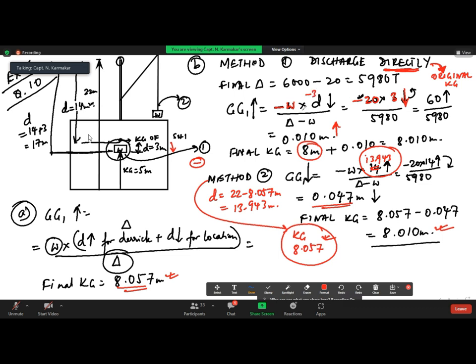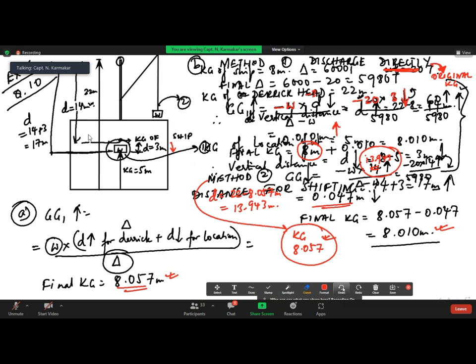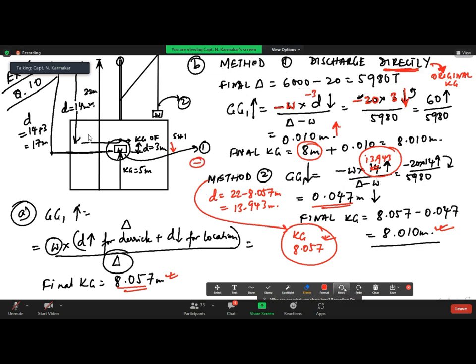So minus into minus becomes a plus, and therefore the end result is a plus. If I was loading, then W into -3 would have been a minus, and therefore the G shifts downwards. So we can do it in that way also, but this is actually complicating the business more. Got it, sir.